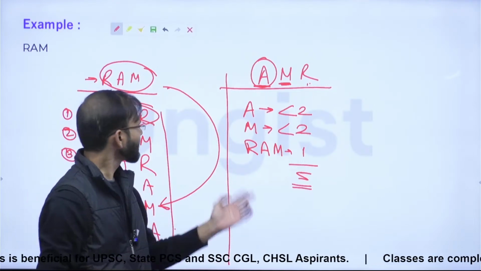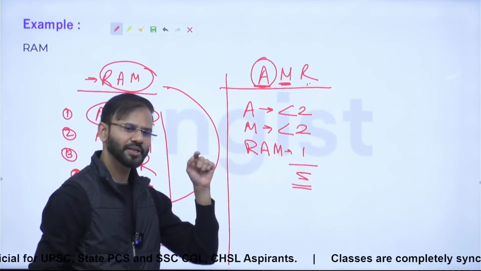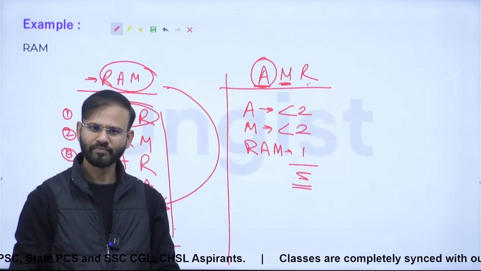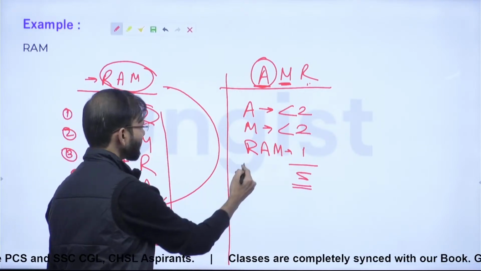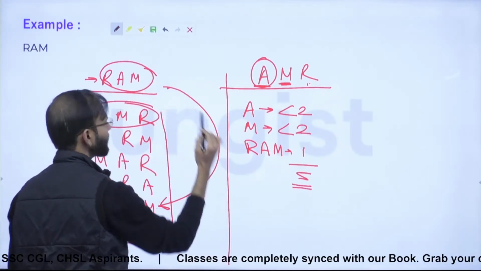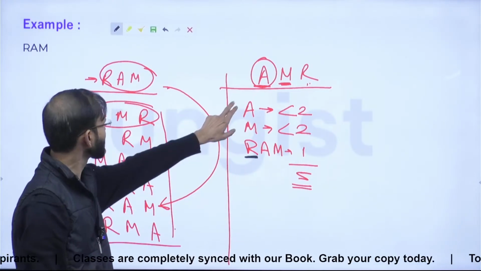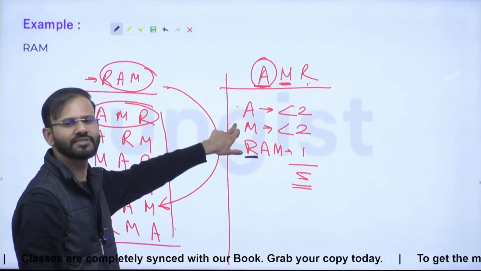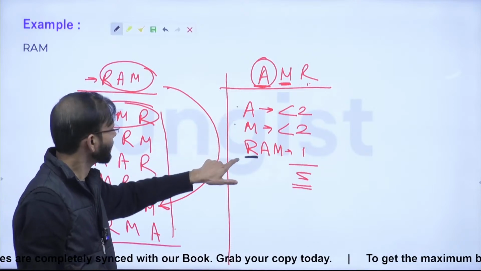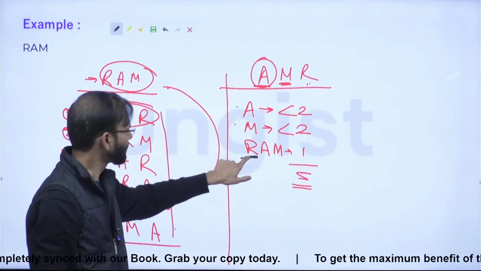See, in the last part, tell me, your required word starts with R. Now when you came here, you also are starting with R, because you have exhausted all the cases with A and all the cases with M, right? So now you see, you have reached the letter that is in the first position.